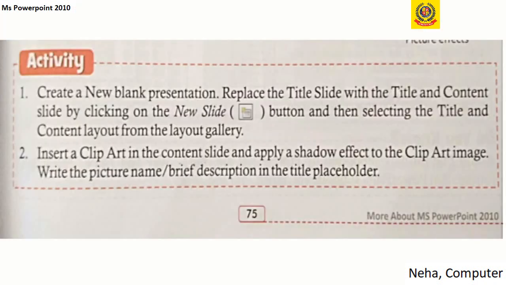And this is the activity which you will be able to do after viewing the practical video of this class. Now you have to create a new blank presentation where you will replace the title slide with the title and content slide by clicking on the new slide button. And then you will select the title and content layout from the layout gallery.